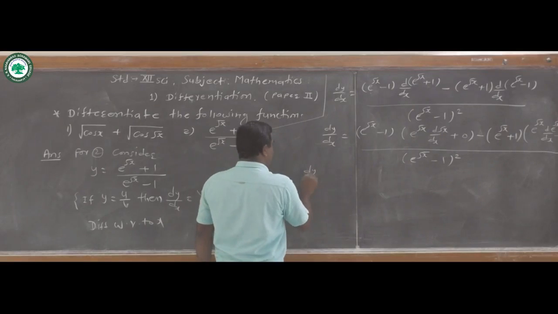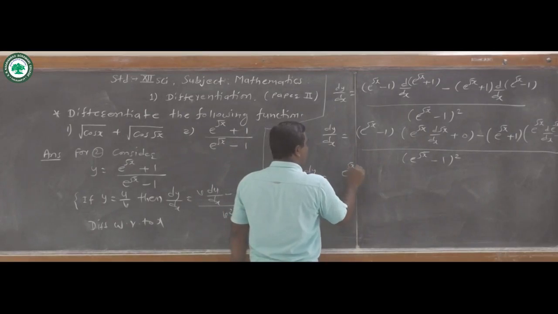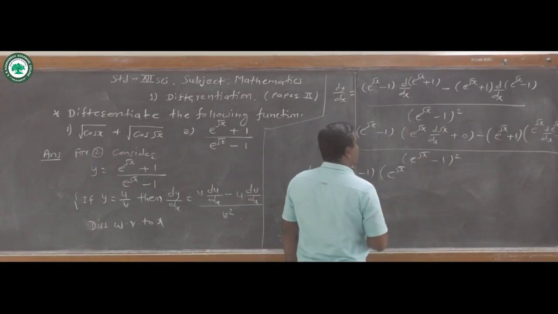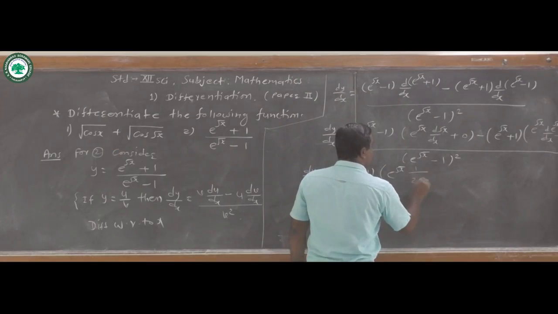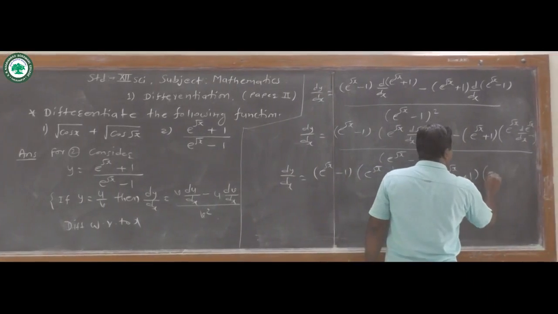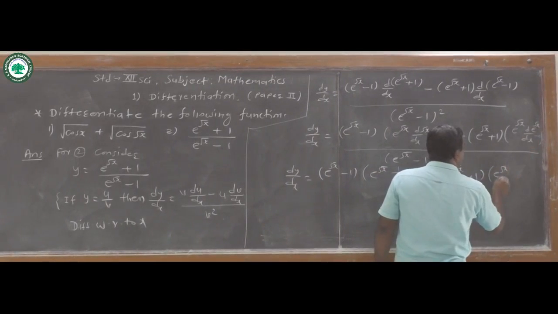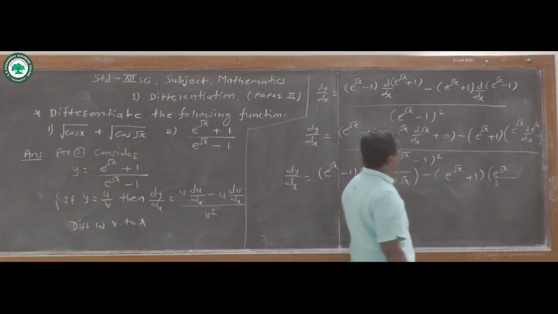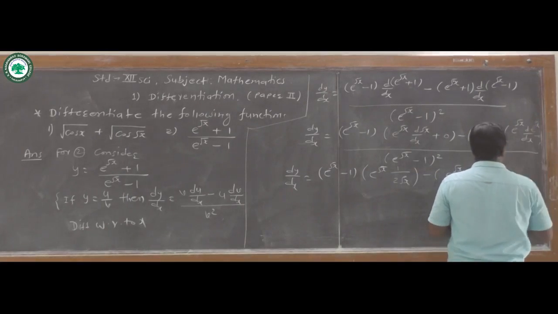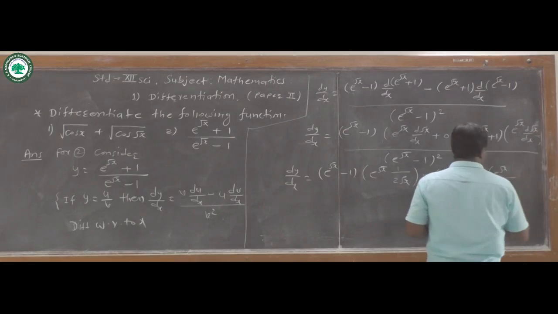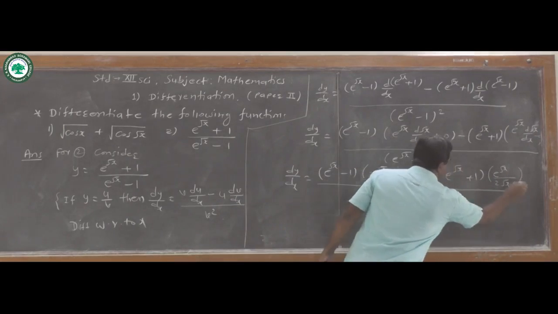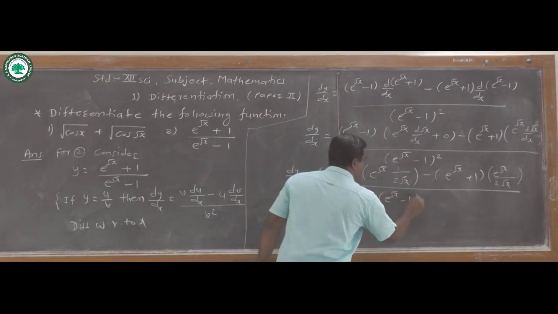Okay, that is, dy by dx is equal to e raised to root x minus 1 into e raised to root x into the derivative of root x, which is 1 upon 2 root x, minus e raised to root x plus 1 into e raised to root x into the derivative of root x, which is 1 upon 2 root x, divided by e raised to root x minus 1 bracket square.